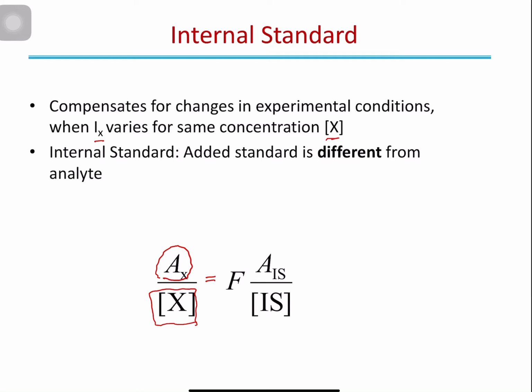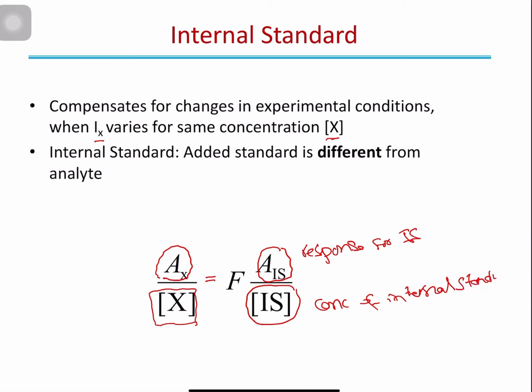The response for the internal standard is AIS, and IS is the concentration of the internal standard. F is the response factor, and AX over the concentration of X equals F times AIS, the response from the internal standard, over IS, the concentration of the internal standard.